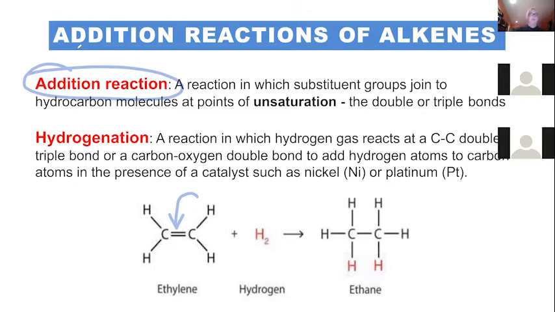So once an addition reaction takes place, we still have a single bond there. It's just that we've added something to where that second bond was before. So we break that bond, and now have free electrons that are available to bond with something else.